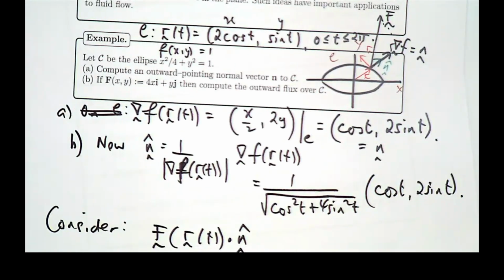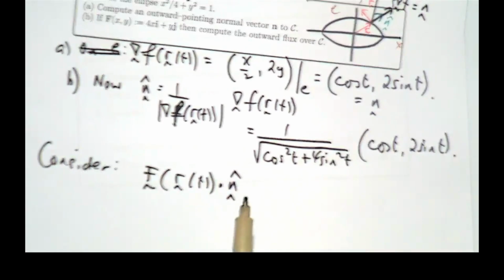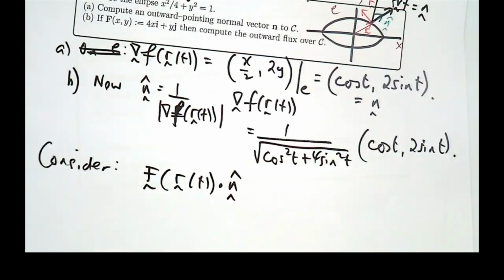So it's like an alignment thing. That's why we're talking about outward flux. It gives you an idea of the tendency of the vector field to push out over the boundary, over the edge. Okay, so let's just compute it and see what happens.